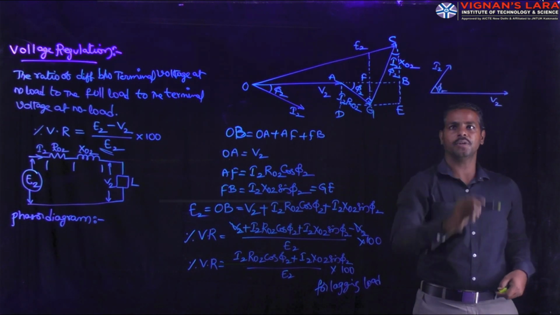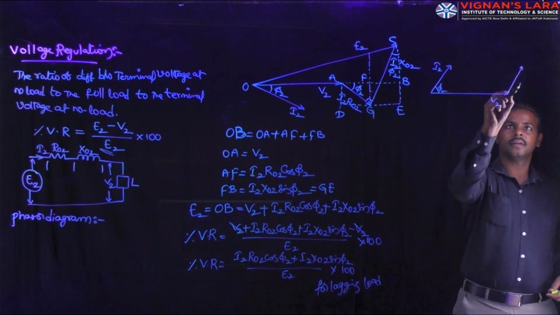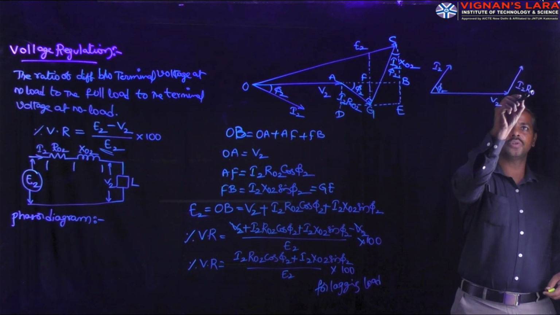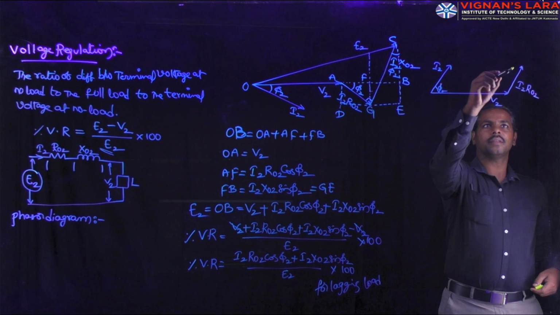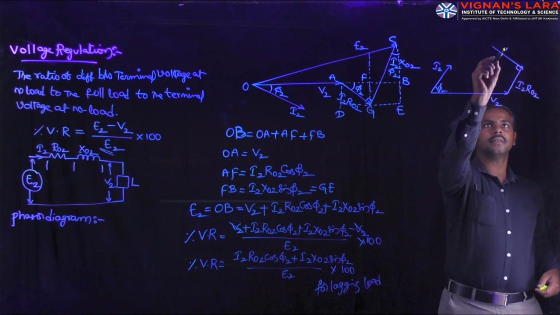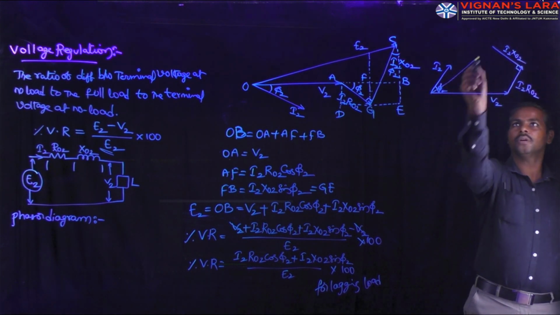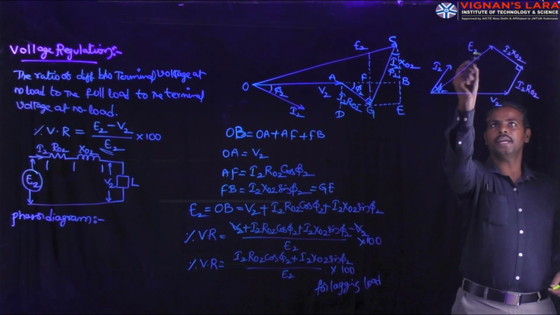I2 R02 is in phase with the current, and the inductive component I2 X02 is perpendicular to R, at 90 degrees. The resultant is the E2 value.